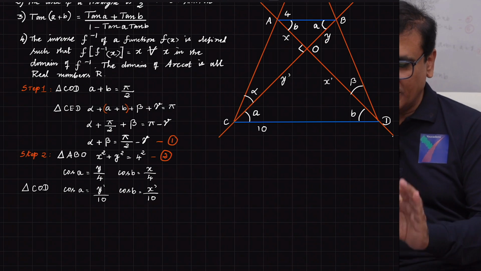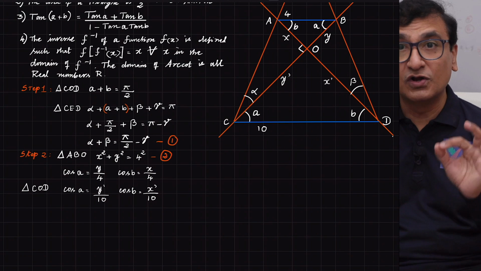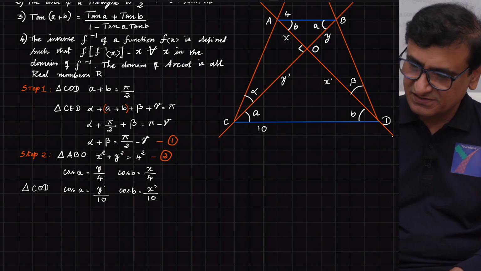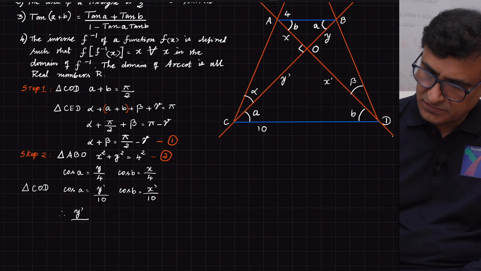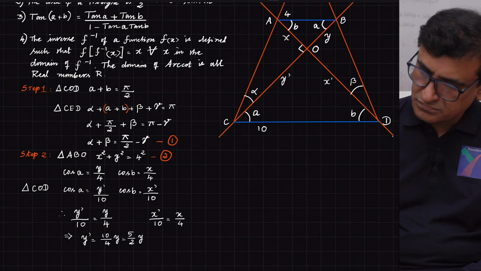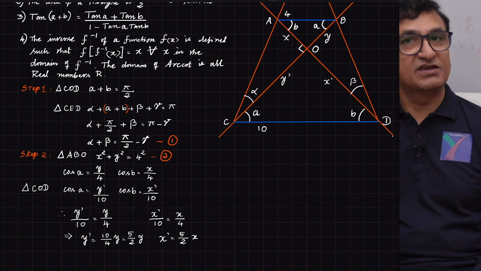So, if we solve these two sets of equations, I will have the expression for x prime and y prime in terms of x and y, correct? Okay, let me call this equation number 3.